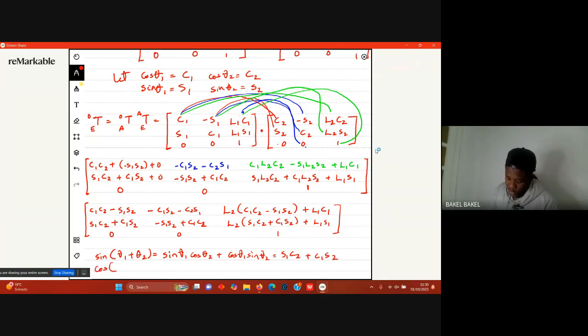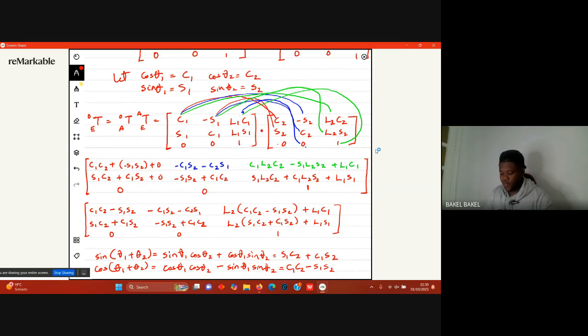Now cos theta 1 plus theta 2 equals cos theta 1 cos theta 2 minus sine theta 1 sine theta 2. So this becomes C1 C2 minus S1 S2.